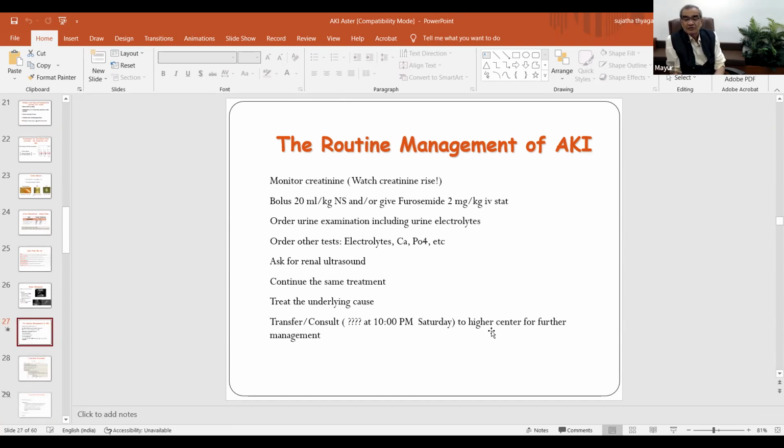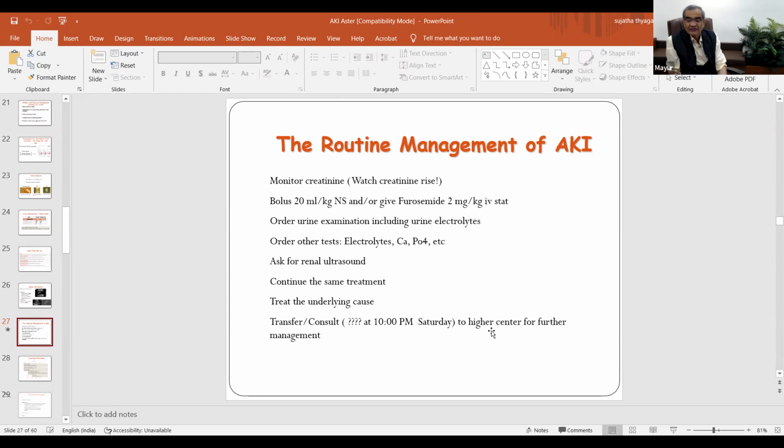Routine management, as you know, is monitoring creatinine and urine output, role of fluid challenge, and then looking at simple urine analysis and other tests like electrolytes and calcium phosphate balance, in order to pick up underlying chronic disease if there is. And then renal ultrasound. This is a standard, immediate approach. And you start treating the underlying cause.